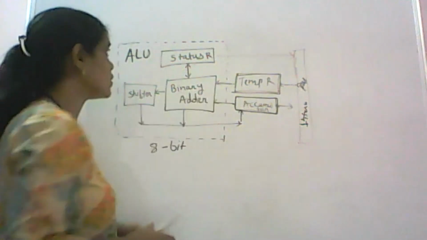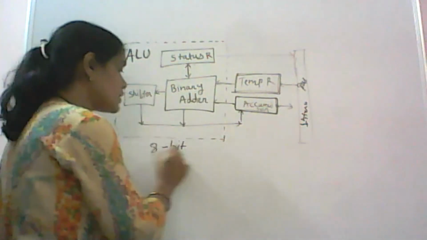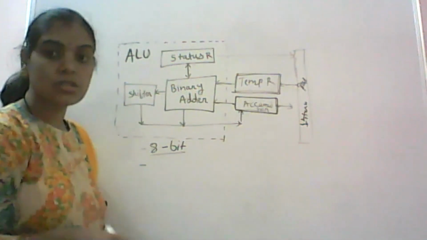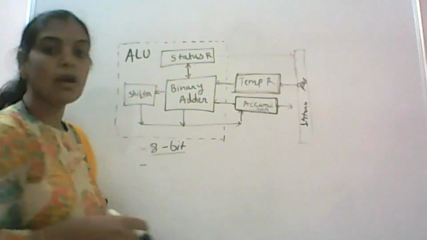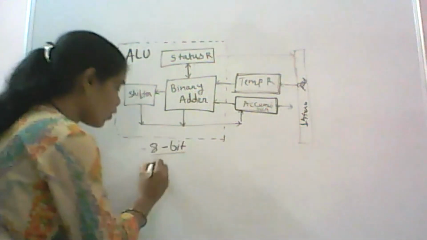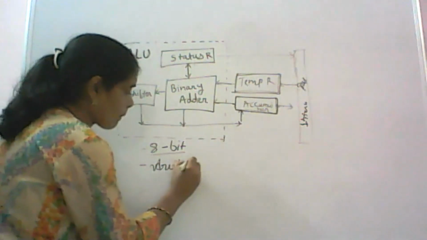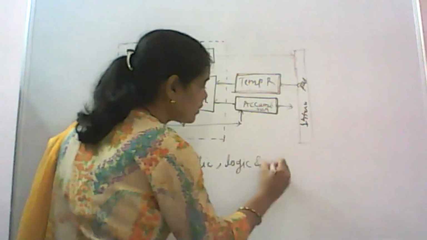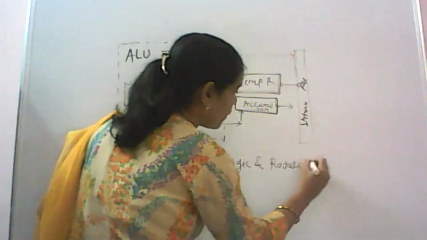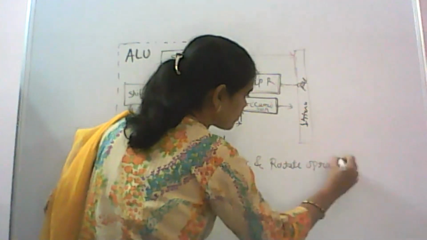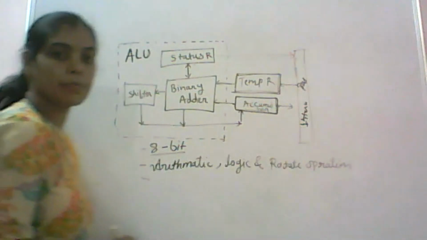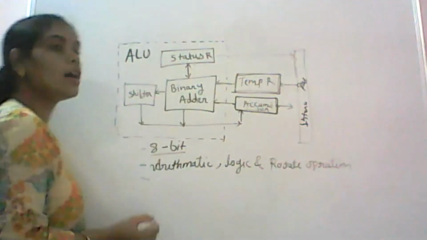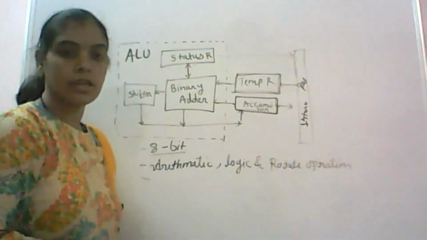So the arithmetic logic unit, this register is an 8-bit register. What is the use of this register? It is used to perform arithmetic, logic, and rotate operations. Accumulator, temporary register, and status register are closely associated with the ALU.